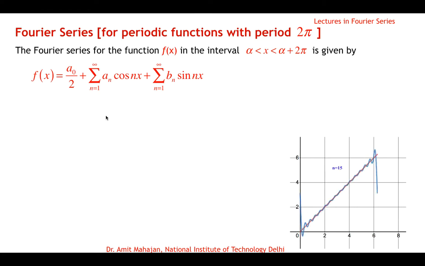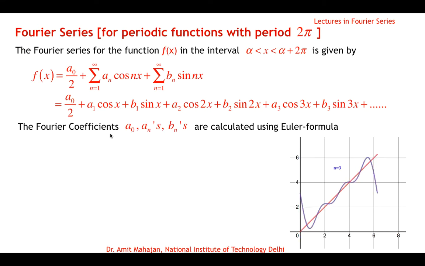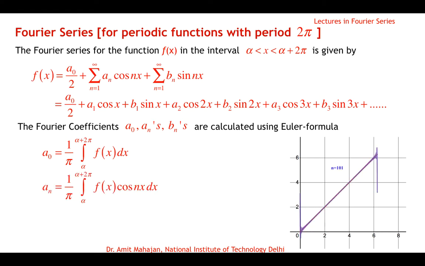About these constants, we can evaluate these coefficients by using the Euler formulas. The Euler formulas are: a naught is given by 1 by pi, integral from alpha to alpha plus 2 pi of f(x) dx. Similarly, an can be calculated as 1 by pi, integral from alpha to alpha plus 2 pi of f(x) cos nx dx.